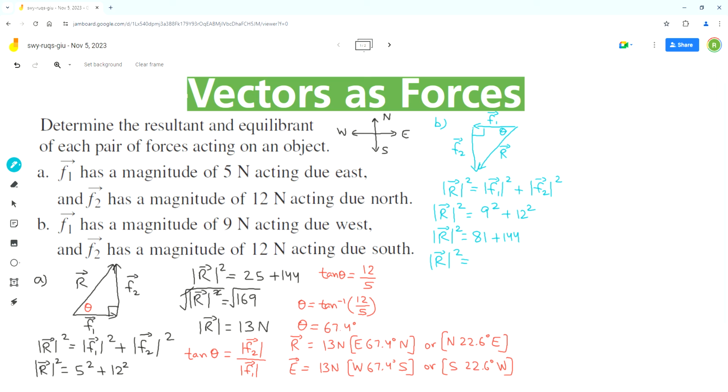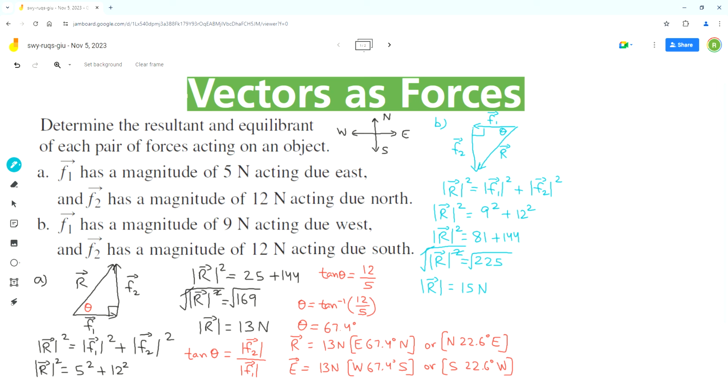So 81 plus 144 is equal to 225. And now we can apply square root to both sides. So the square root and the square get cancelled out. And square root of 225 is 15. And the unit is newtons. So this is the magnitude of the resultant.